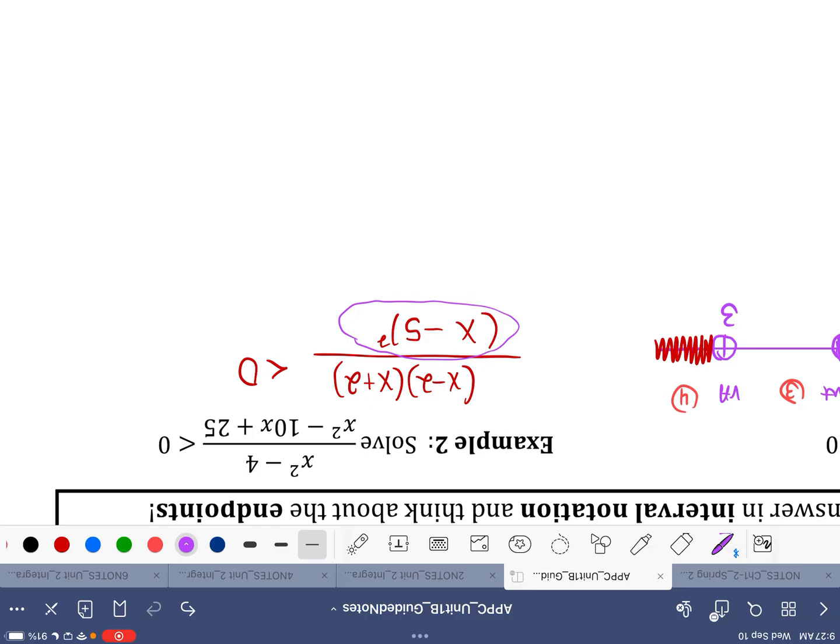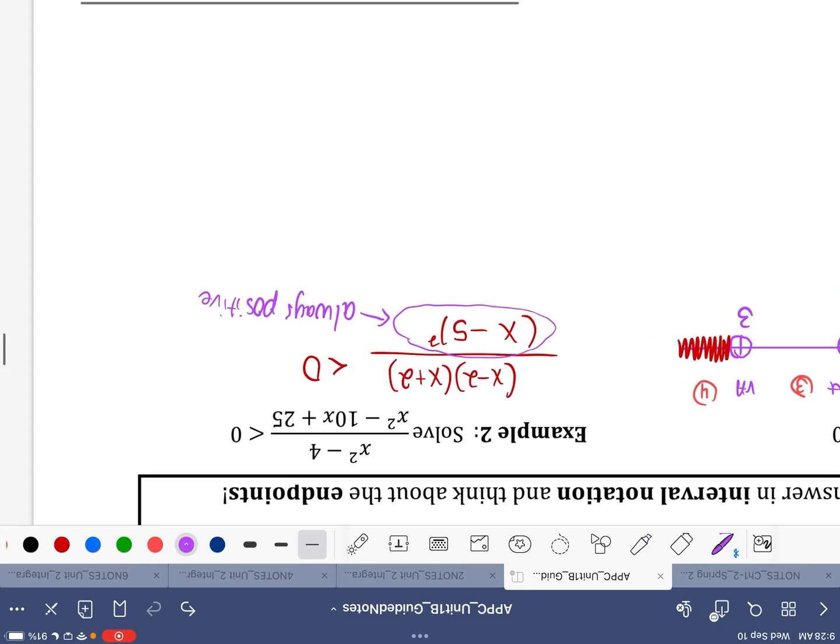Positive, because even a negative number squared is positive. So no matter what we substitute into the denominator, this is always going to be positive. So it just makes plugging it in a little easier.